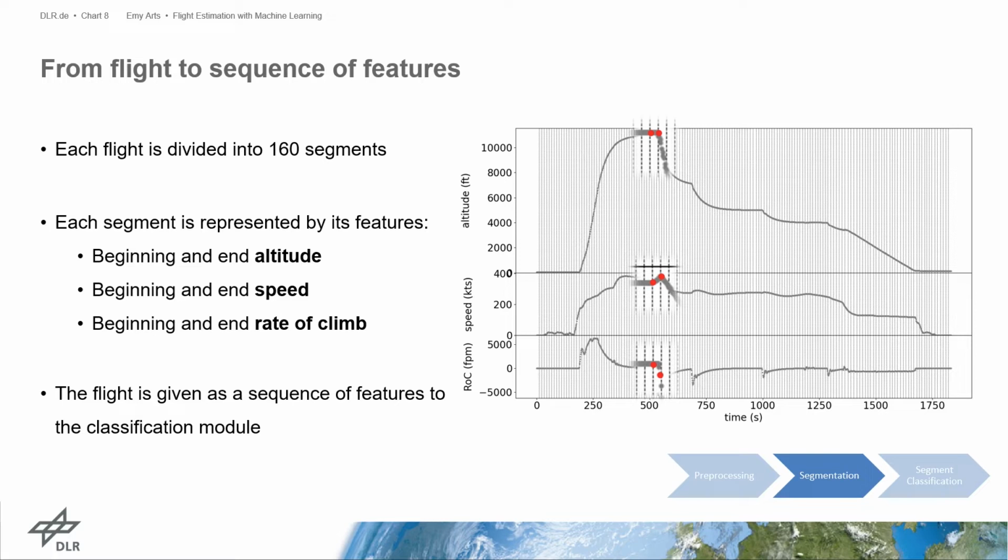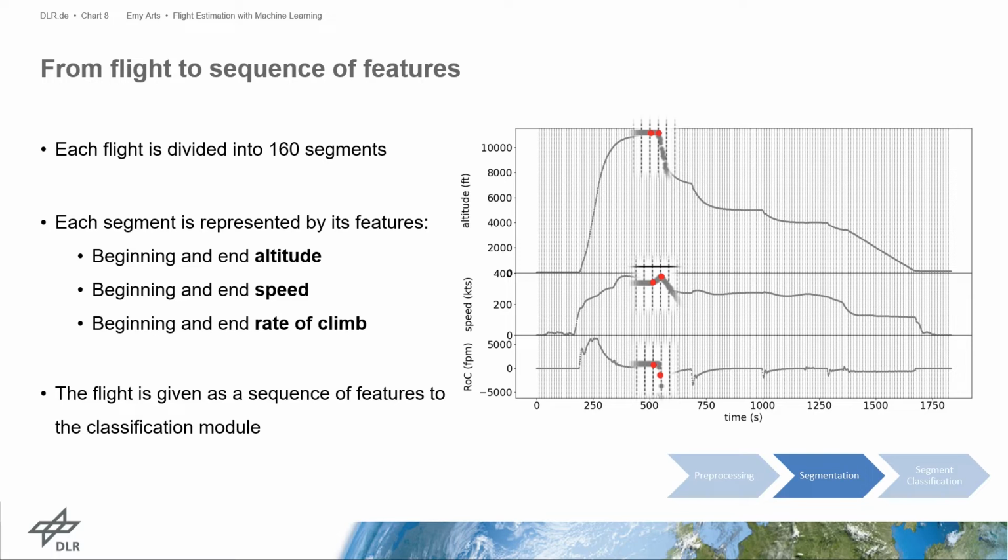Now, we would like to argue that there are some dependencies during a flight where there are some temporal relations of its trajectory variables during the flight that have a high significance to the current phase of flight.